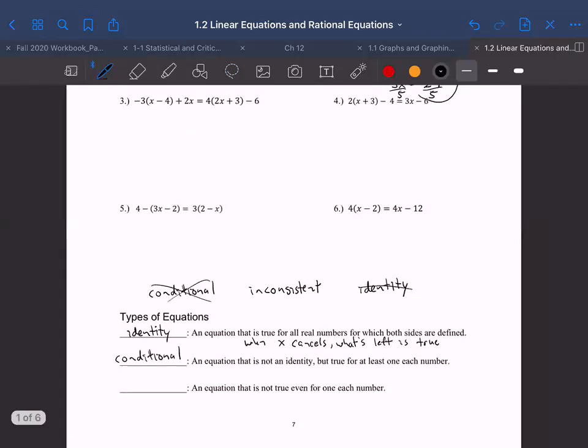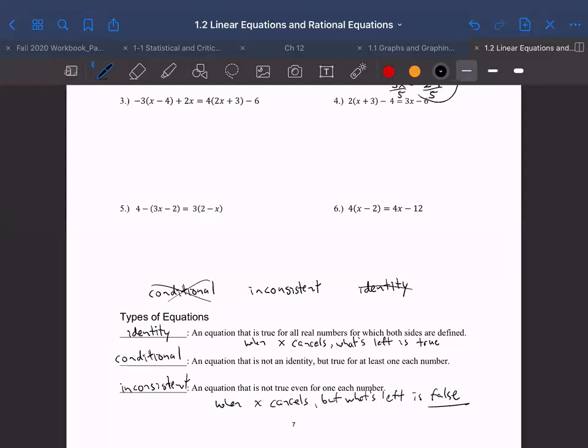The last one that we can have then by default is inconsistent. All right, this is when an equation is not true, not even for a single number. This is when x cancels out but what is left is false.